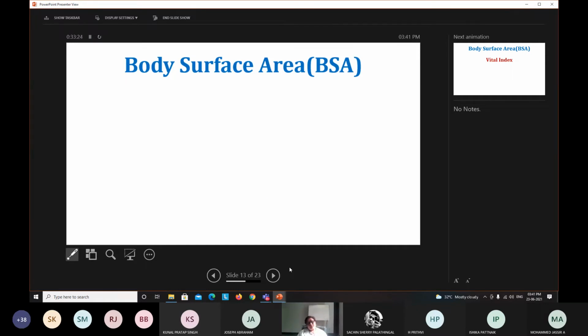To calculate the body surface area, you will have to know the person's height in centimeter and weight in kilograms. Vital capacity measured with respect to body surface area is called the vital index.